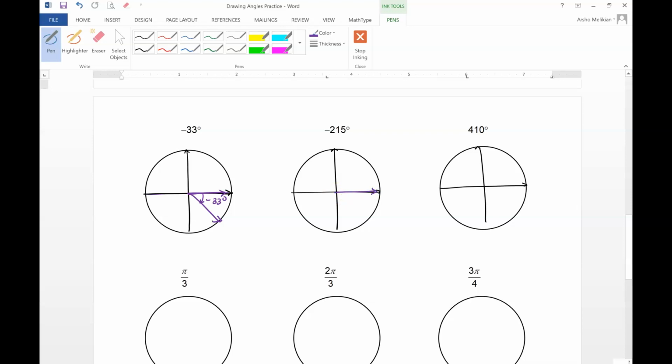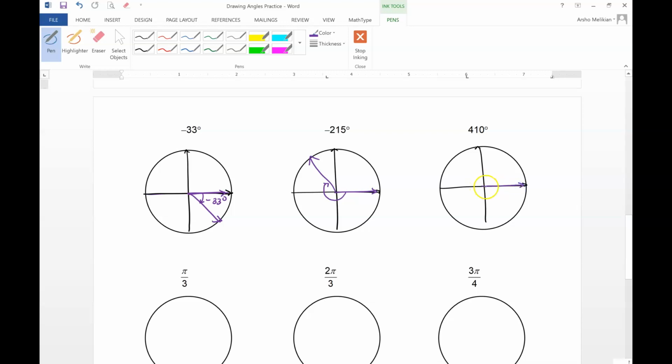Okay? So here, negative 215, am I going to go up or down? Down. How much? To here, basically. It's 3 quadrants here. Okay, right there. 410, I start here.